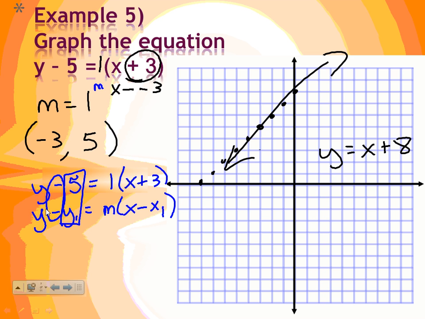If the formula said negative, what did x have to be in order to make that positive? The x had to have been negative to do a double negative to make the positive. So the negative comes out of the formula, but the point had to be negative. So it's always opposite from what you think.